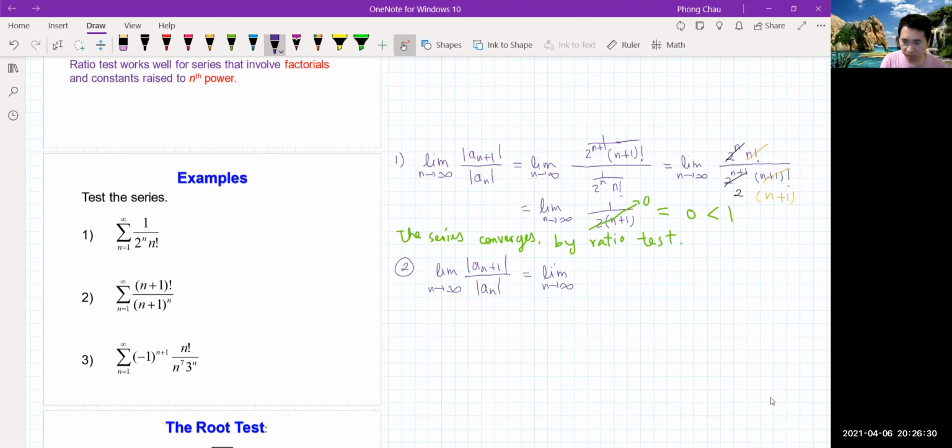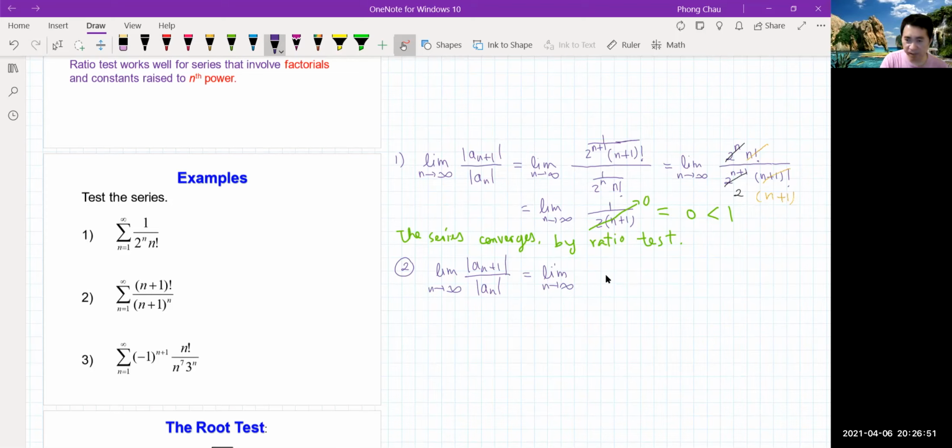What is a sub n plus 1 and what's a sub n? When you have a sub n plus 1 divided by a sub n, I'm going to skip a step there. When you divide, it means multiply by the reciprocal, right?